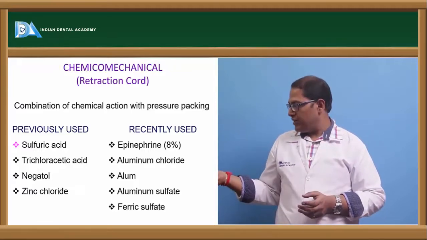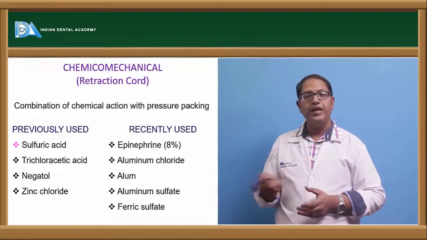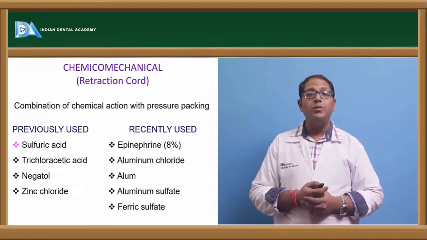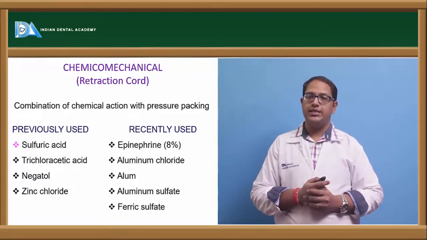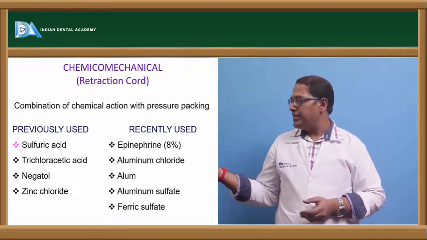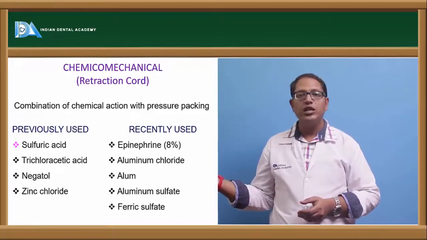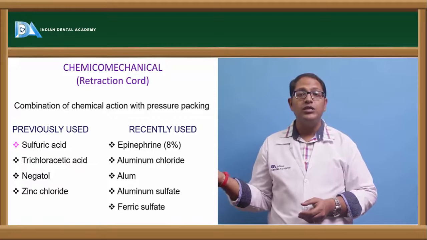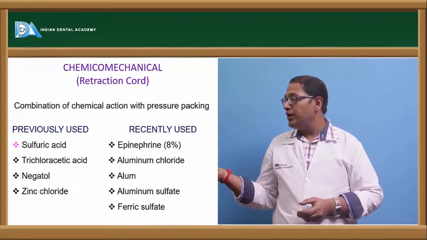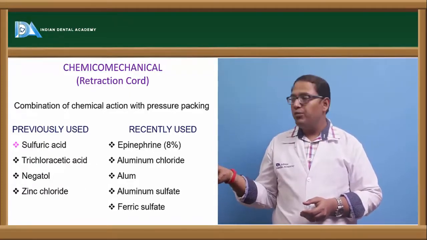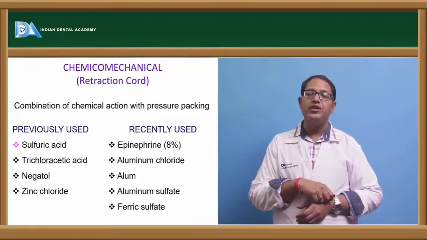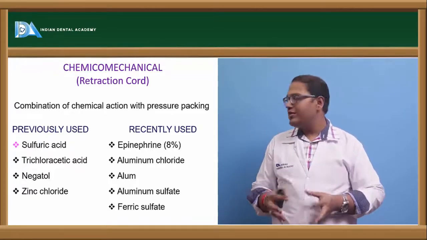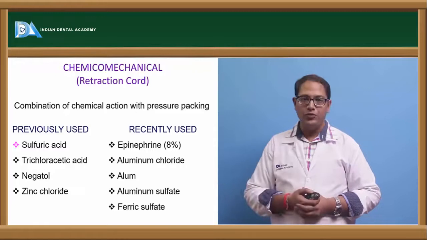If I have to use 3% ferric sulfate, that time cannot be kept more than 3 minutes. Now what is the reason for that? Is ferric sulfate 3% enough to cause hemostasis? No, it will burn that particular area. It will burn the gingiva in that area if it is kept more than 3 minutes. So that is the reason after 3 minutes it has to be removed.